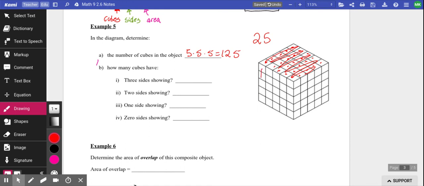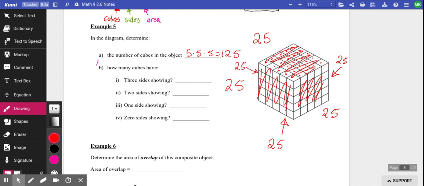So this side has how many? Another 25. This side has another 25. This back side that you can't see has 25. This bottom that you can't see has 25. And this other side you can't see has another 25. So it might be easier to do surface area as if it's just one big cube, and then you could figure out how many total faces are showing.